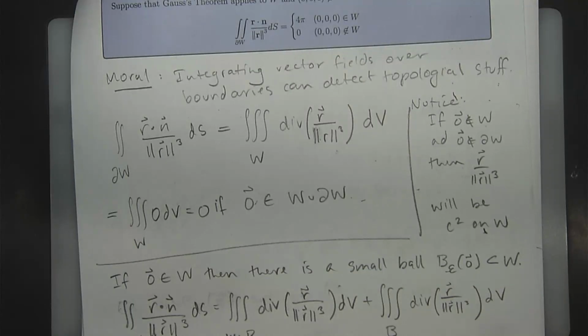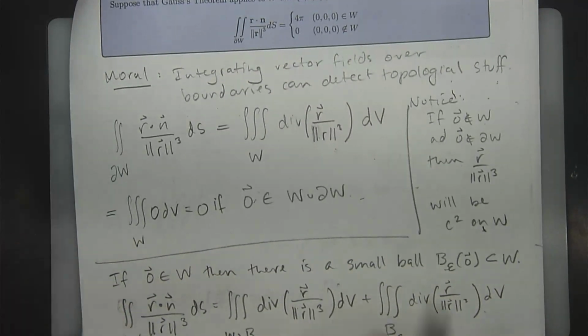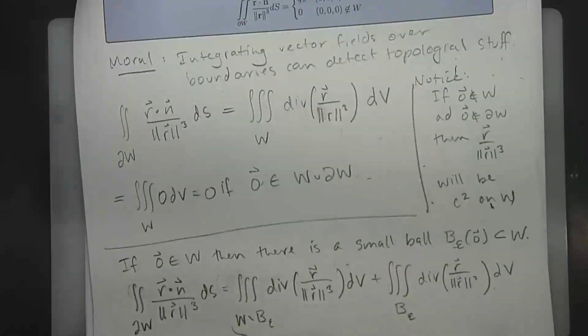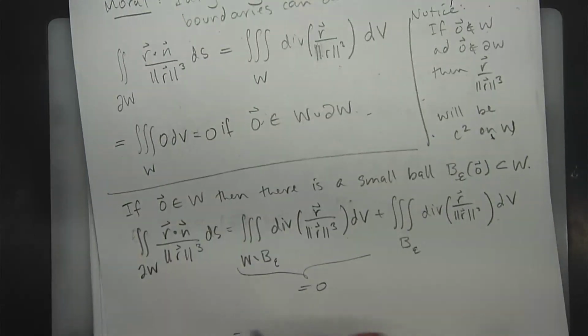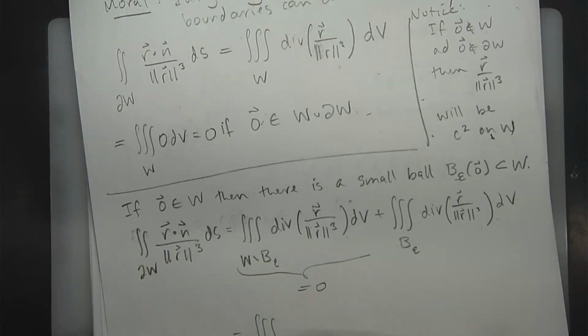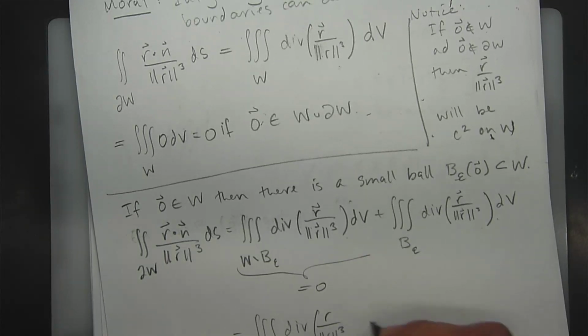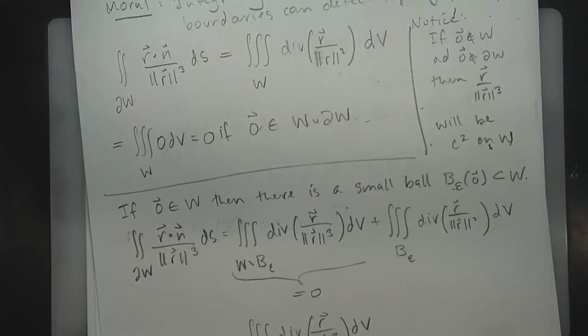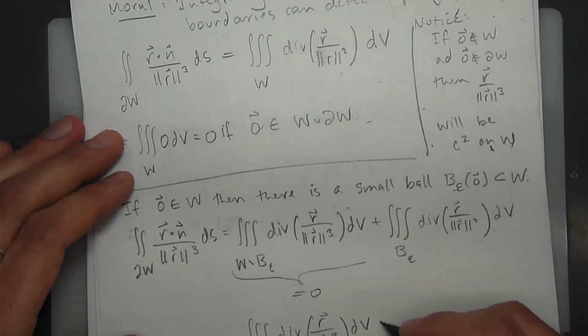So we can kind of split this integral up over the stuff where we're 0 and then this non-zero thing. Okay, and now we can say, well, what's the integral of this over the boundary of a ball?